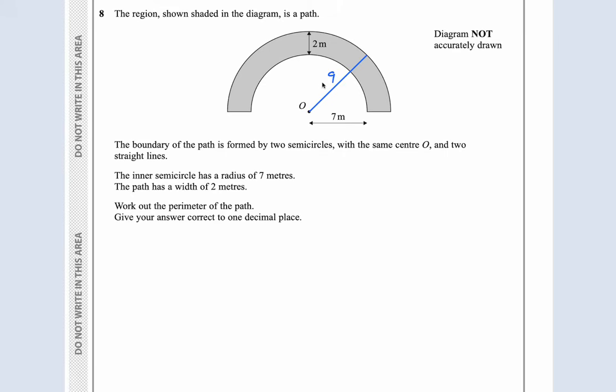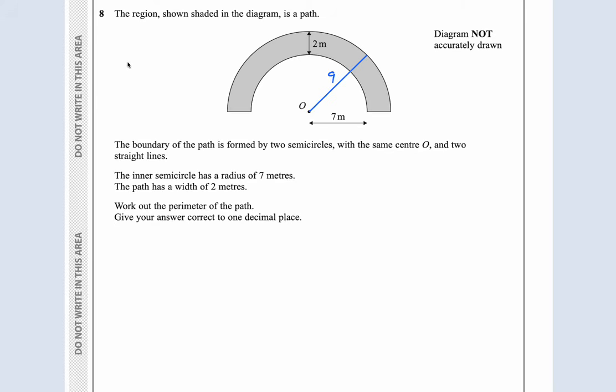Okay, so what I'm going to do, guys, is get the length of the outer circle, which is half the circumference. I'm going to get this length here, which is half this circumference, and I will just add 2 and 2. So it's actually not a bad question.